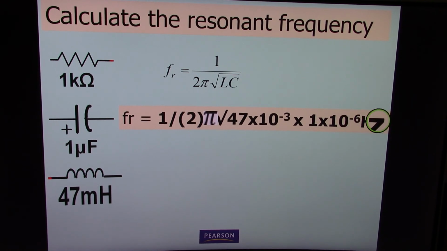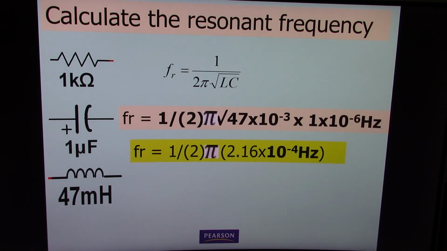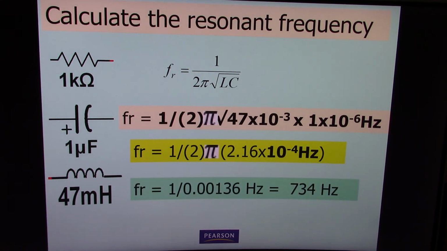We are trying to calculate the hertz, the frequency. So this should be farads, and this is henries, which is this number here, and 1 microfarad right here.